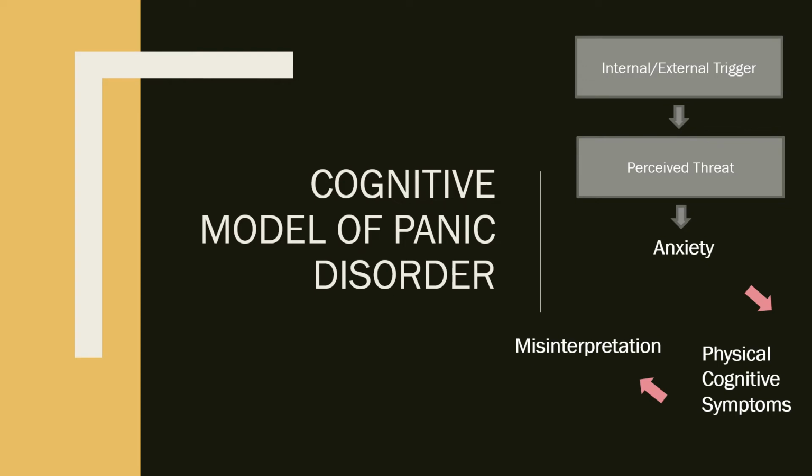So that misinterpretation actually increases their anxiety. And when there's this vicious cycle, people tend to have panic disorder. So this is an example of the cognitive model of panic disorder.